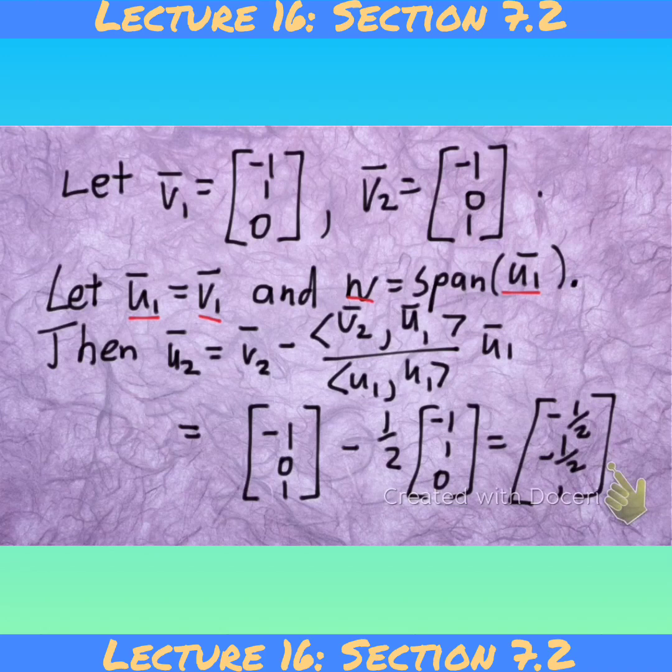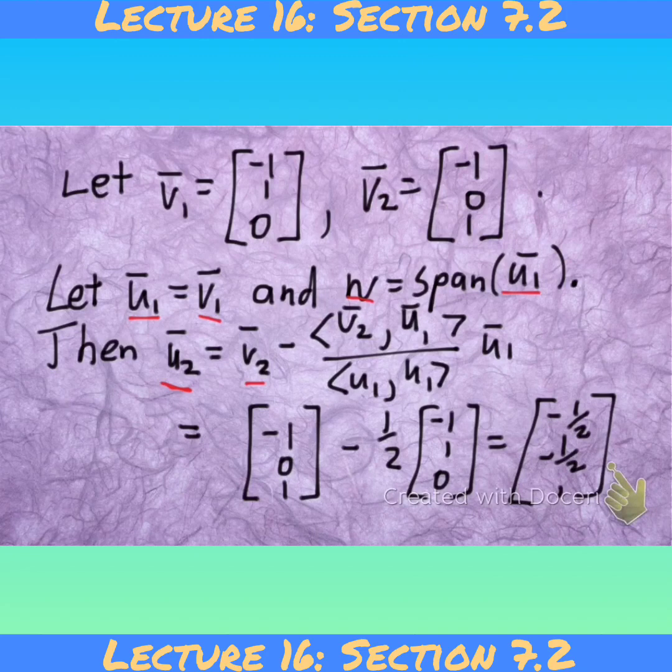Then we set the second vector in our new basis as the second vector in my old basis minus a scalar multiple of the first vector, and the scalar here is the dot product of v2 with u1, divided by the dot product of u1 with u1, or in other words the norm of u1 squared.